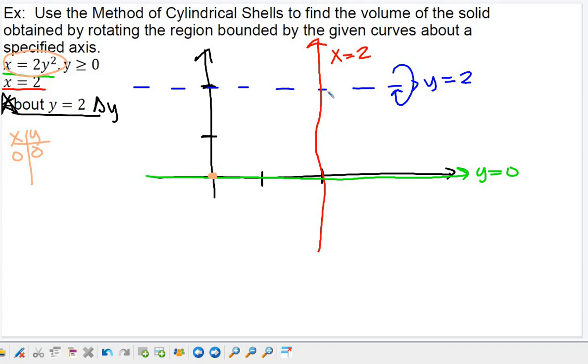But my x equals 2, so I want x to equal 2. So that means I have 2y squared. So y is equal to 1. Now I know this would be plus or minus 1, but we're only talking about the first quadrant. So I'm not interested in what happens anywhere else. Okay, so this is my area.